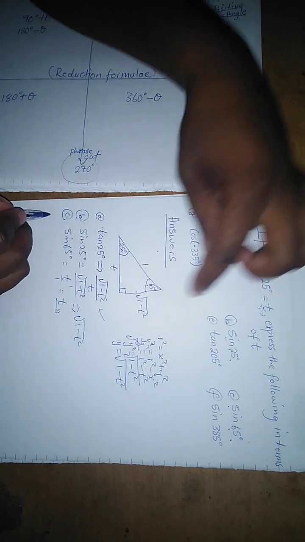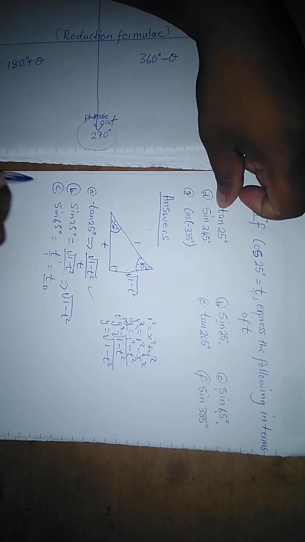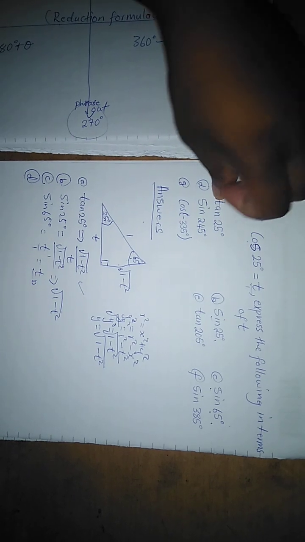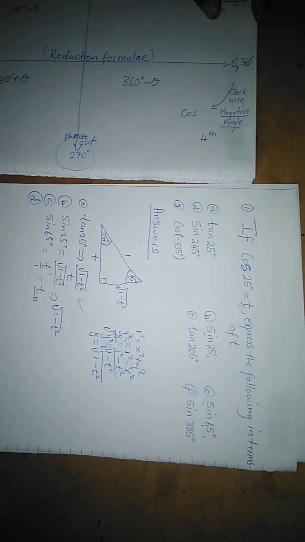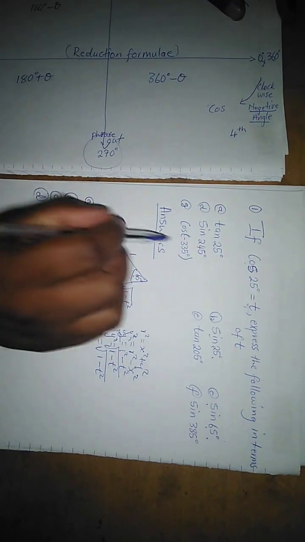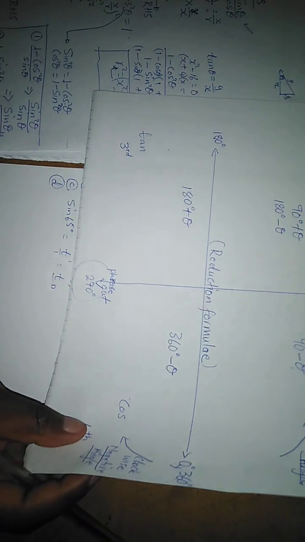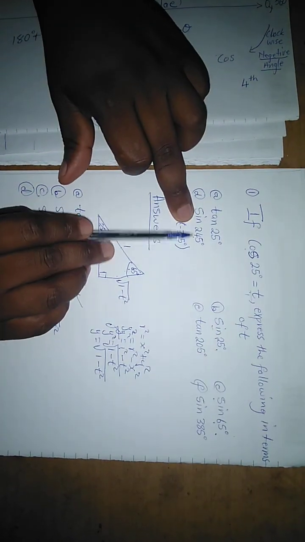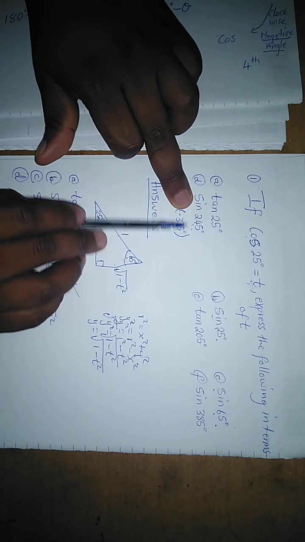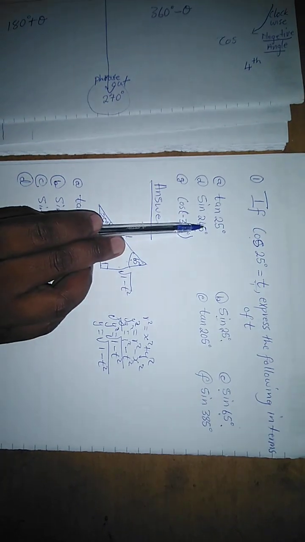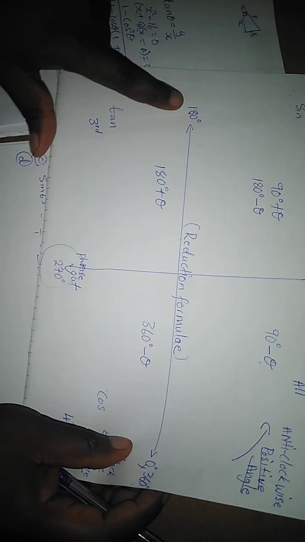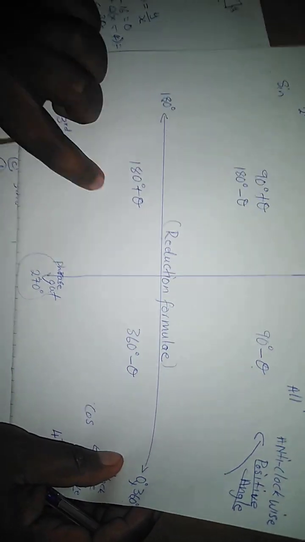Let's continue. Now D, I like it. What does D teach us? D teaches us to use what we call reduction formulas. How do I use the reduction formulas? First of all, which quadrant does this number belong to? How do I check? I check that I have 270 and 180, so the number is in between.